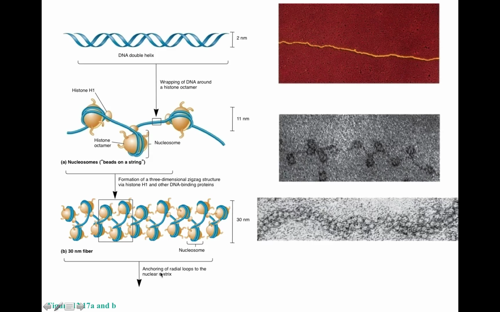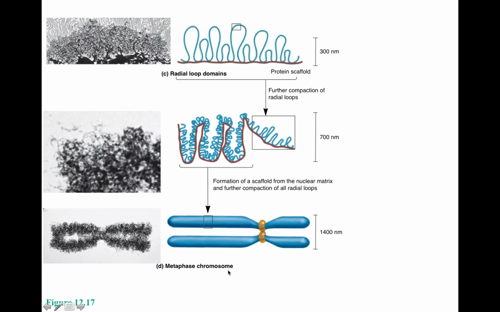When you anchor this 30 nanometer fiber to the nuclear matrix via the radial loops, you get a 300 nanometer fiber. Here's our protein scaffold and the radial loops, and notice their varying lengths. Then further compaction of the radial loops creates a 700 nanometer fiber.